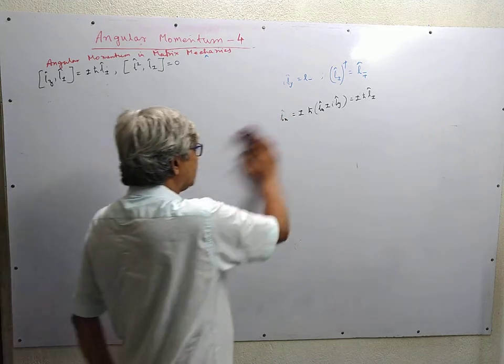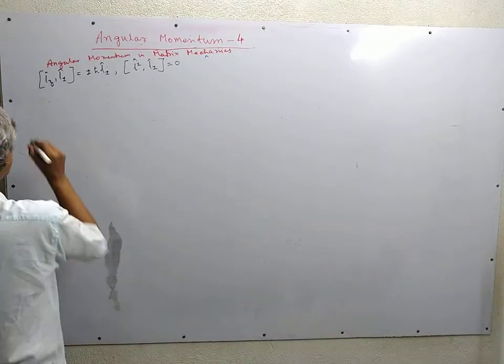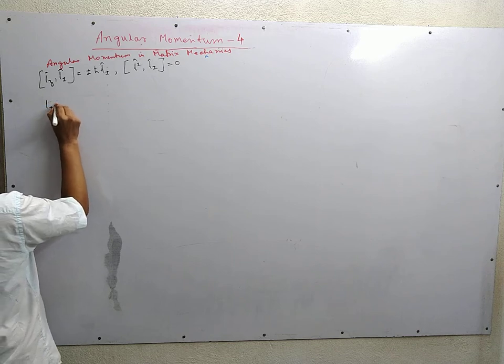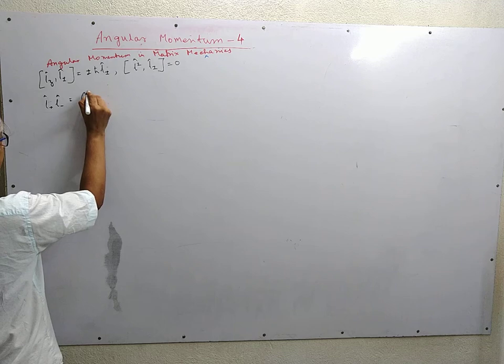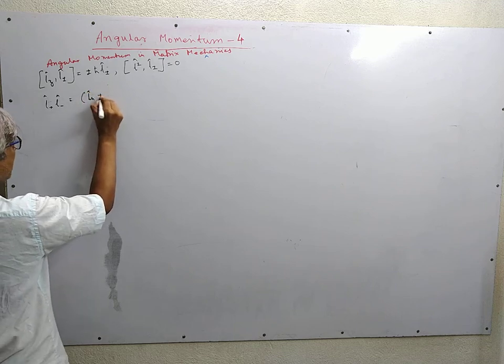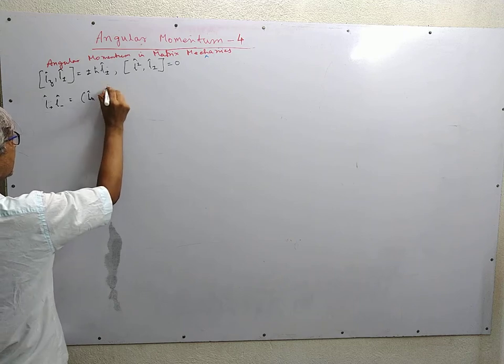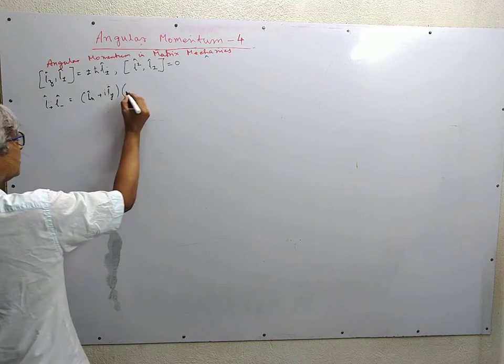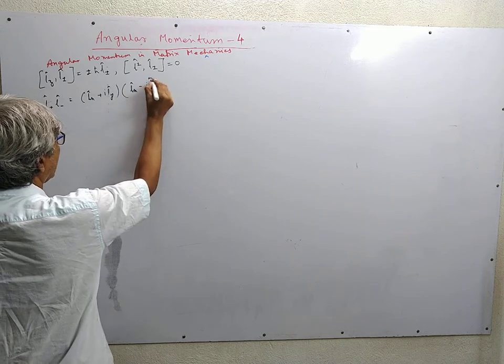Now we consider the product of L+ and L−. So what is L+ L−? This is (Lx + iLy)(Lx − iLy).